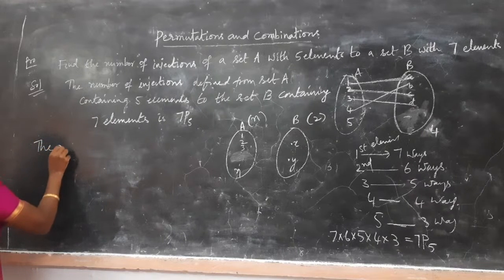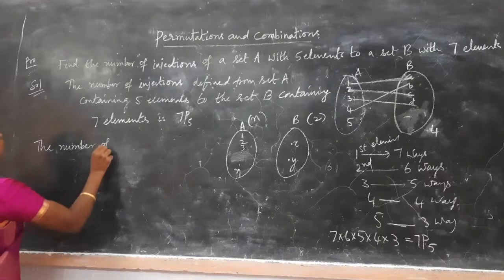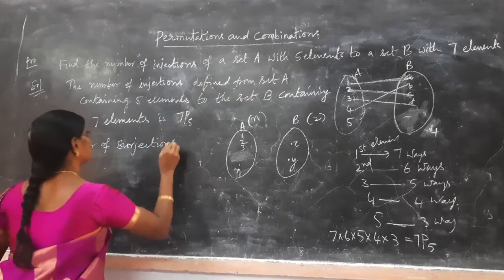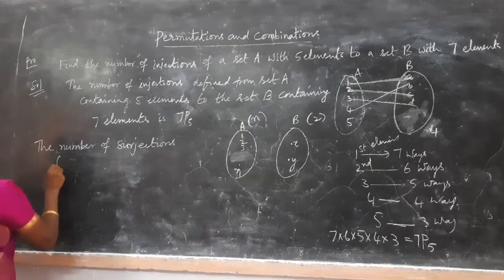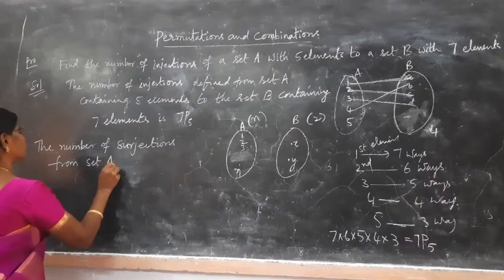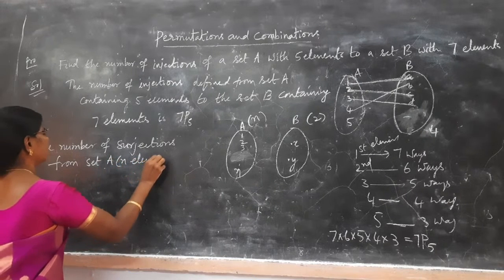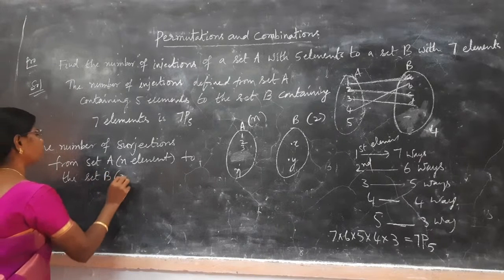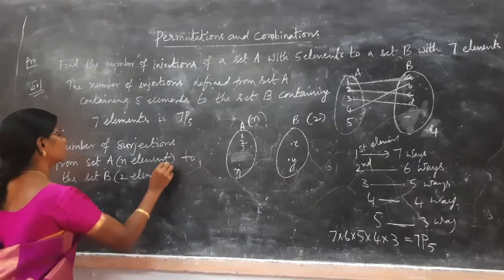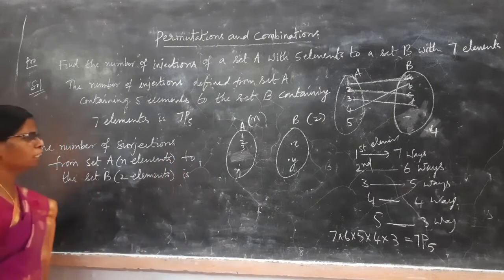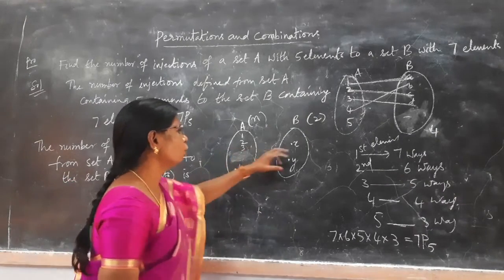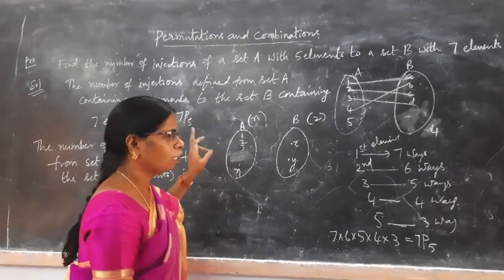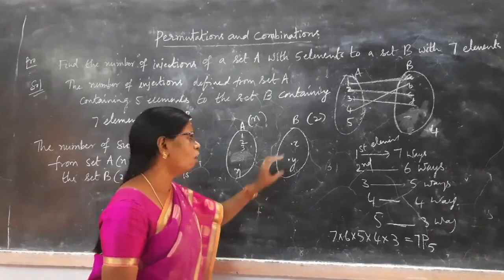The number of surjections from set A, with n elements, to set B, with 2 elements, is what we find. Surjection means try to understand onto functions. So the codomain should be equal to the range, that is, each and every element of the codomain should have a pre-image. Okay, all elements of B should be mapped.